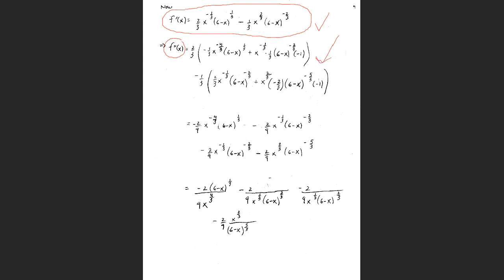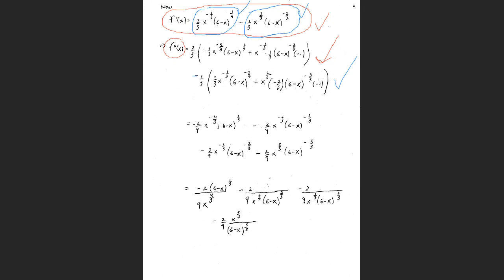So you have to use the product rule twice. Okay. So the derivative is the difference of the derivatives of each of these products. And that's what I have here.